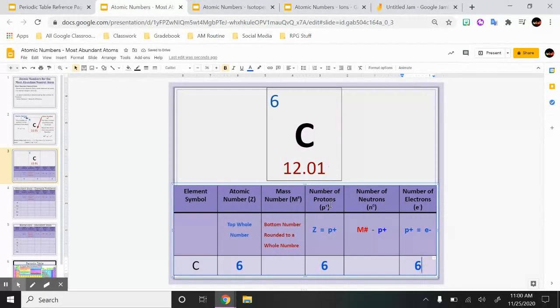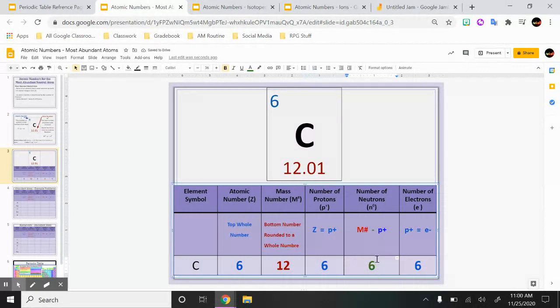So our atomic number, protons, and electrons are the same. Now we're going to look at this bottom number to get our mass and round it to a whole number. So we have 0.0, so I'm going to round down to 12. To get my neutrons, I'm going to do mass minus protons equals neutrons.